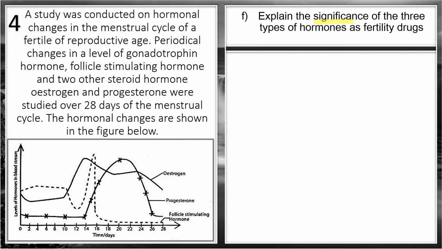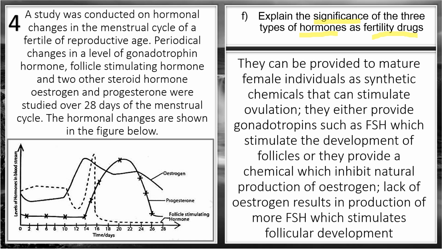Explain the significance of the three types of hormones as fertility drugs. They can be provided to mature female individuals as synthetic chemicals that can stimulate ovulation.